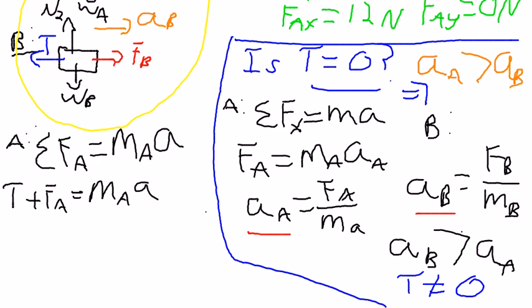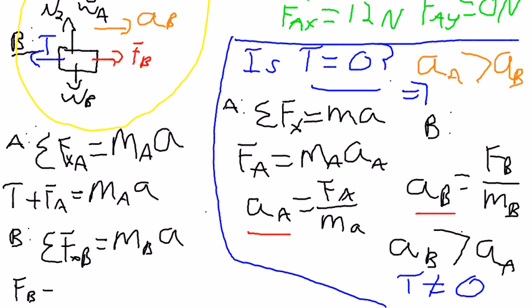And similarly, you can do block B. The sum of the forces in the x direction for block B is equal to the mass of block B times its acceleration. And so now you're going to have Fb minus the tension equals mass of B times a.